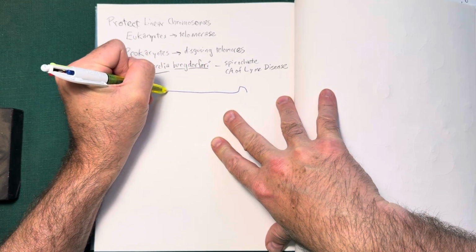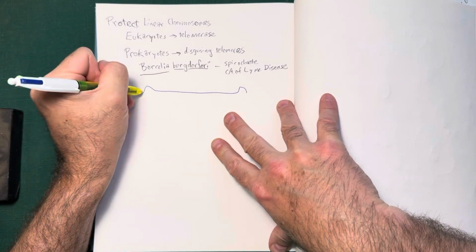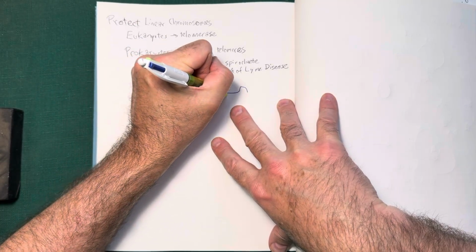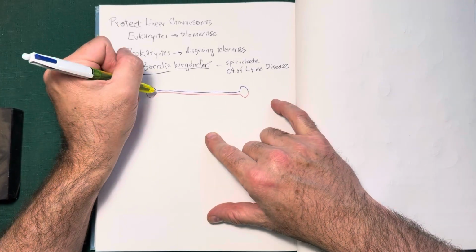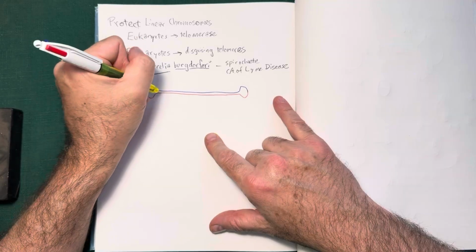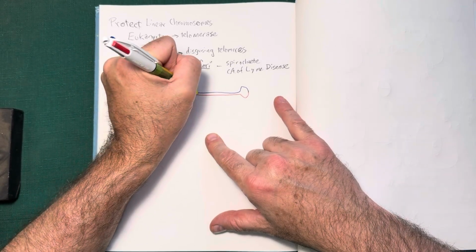I'm going to use blue and red. And this is somewhat exaggerated because this is a long linear chromosome. So in the middle here, we've got this complementary double-stranded molecule.